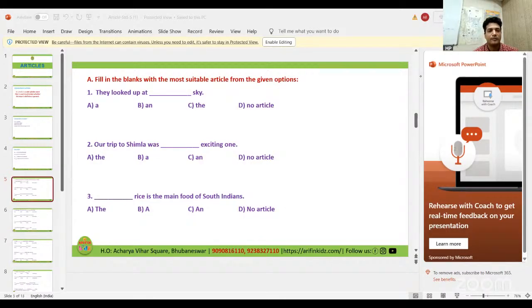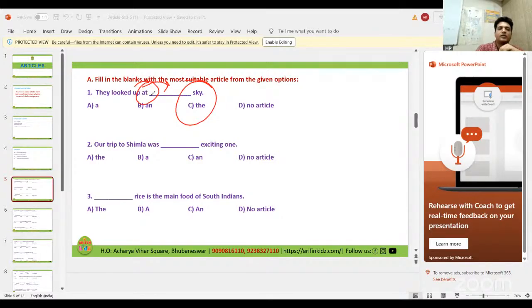They looked up at the sky. Yes, now we are talking about the specific sky. They looked up at the sky. Again, at is a preposition which is used to pinpoint a particular location.